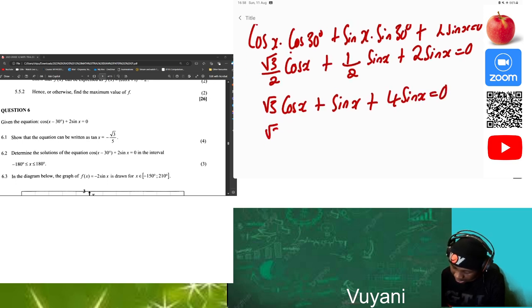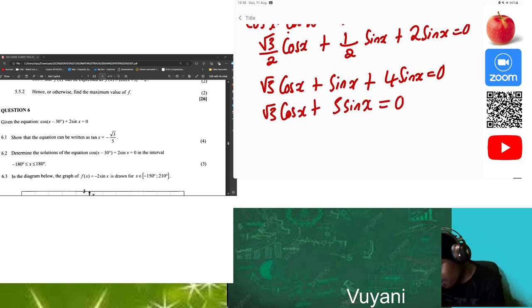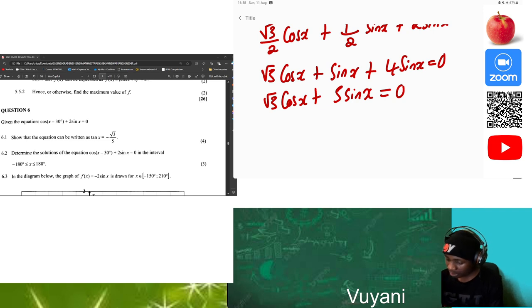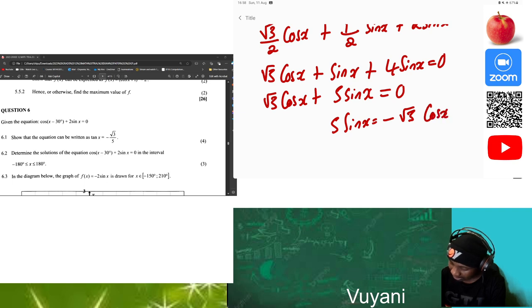Then that should be root 3 cos of x plus 5 sine of x, which is equal to 0, because sine x plus 4 sine x is equal to 5 sine x. Then 5 sine of x is equal to negative root 3 cos of x.